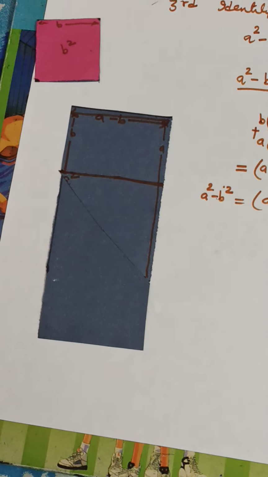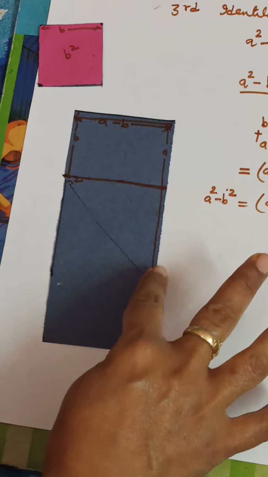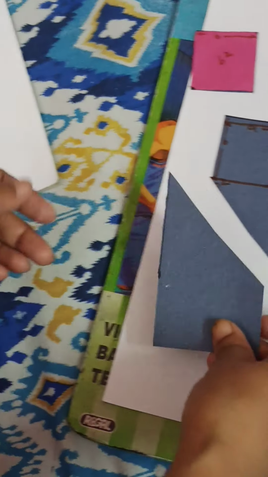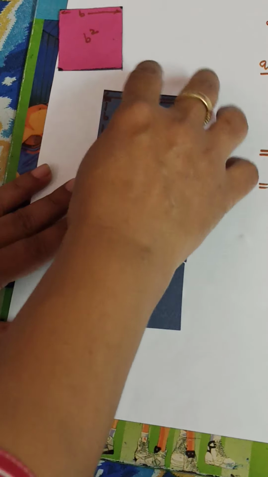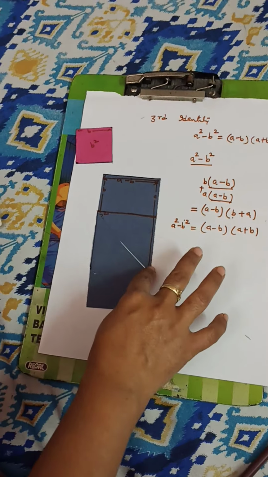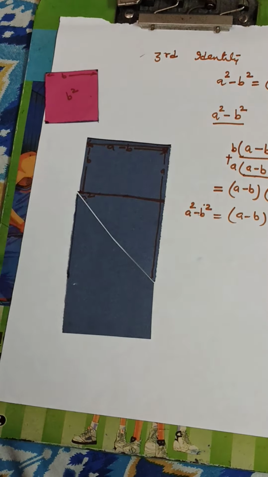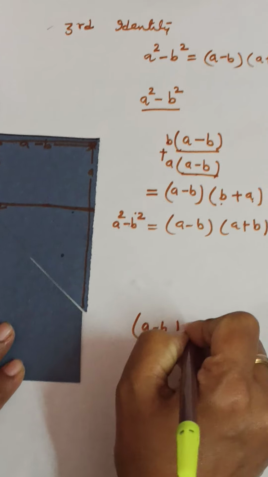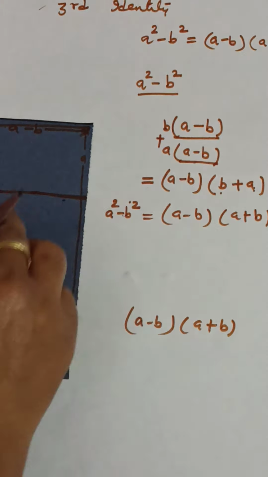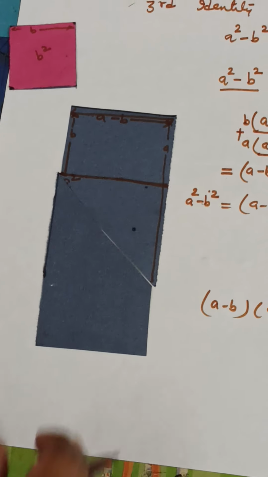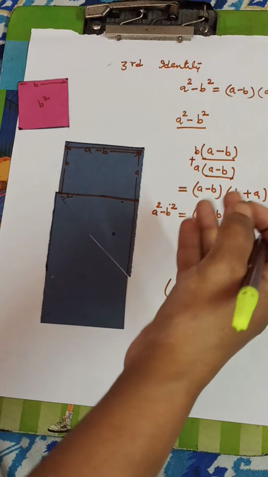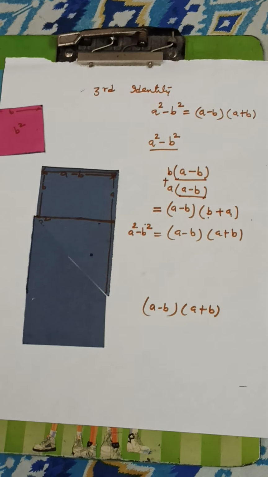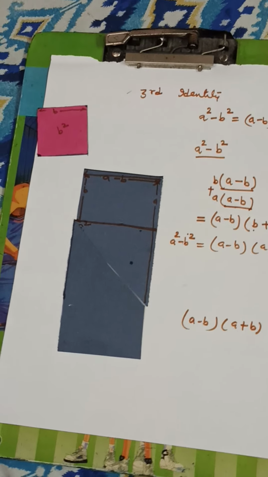So the area of this rectangle is A plus B times A minus B. Multiplying both, we get A minus B times A plus B. This is another way to find this, equal to A minus B times A plus B, the area of this rectangle.